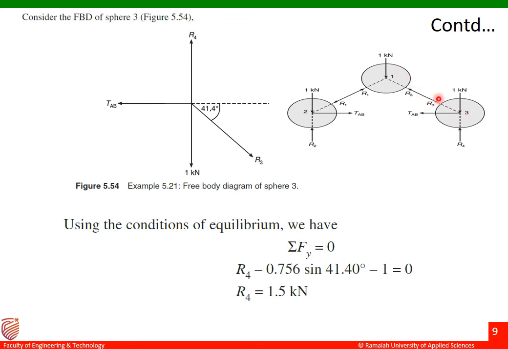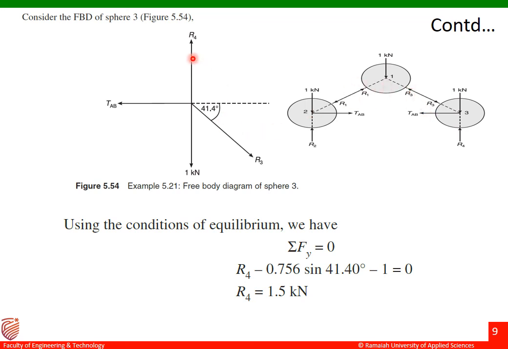Next one is this sphere 3 is in contact with sphere 1. You'll get the reaction from sphere 1 onto sphere 3, that is R3. Here you can see the reaction is acting towards the sphere 3 there, that is taken as R3. And the next one is the tension in string AB. So you can see there is a string connecting between sphere 2 and sphere 3, that's why we call it as tension in string AB.